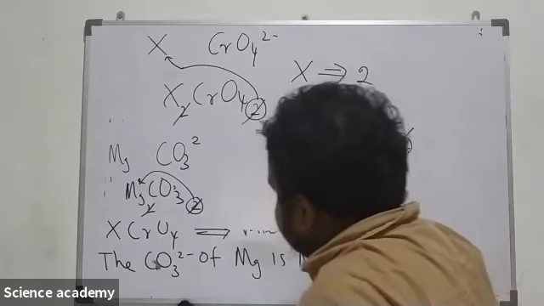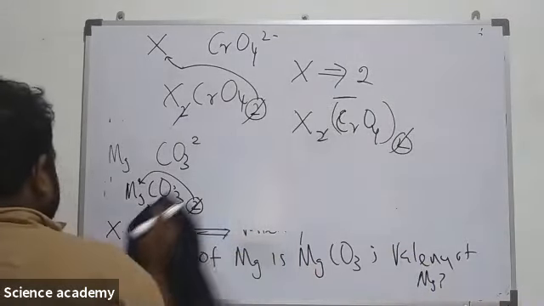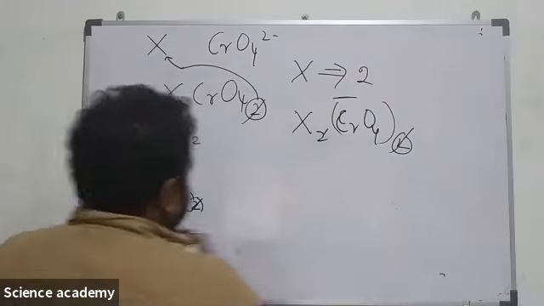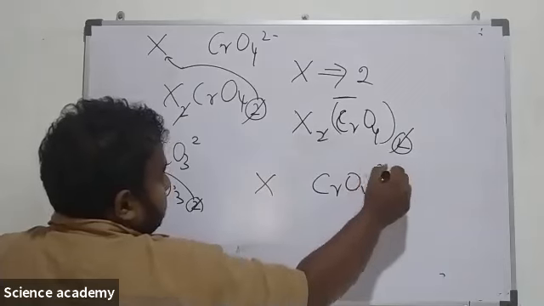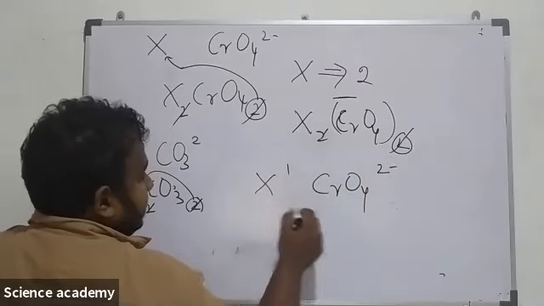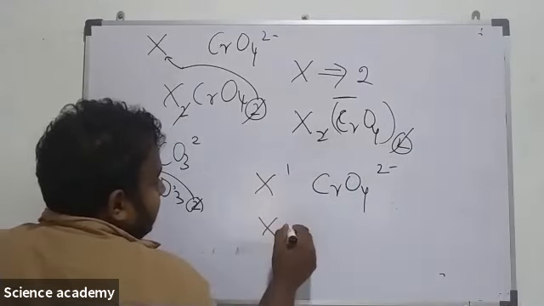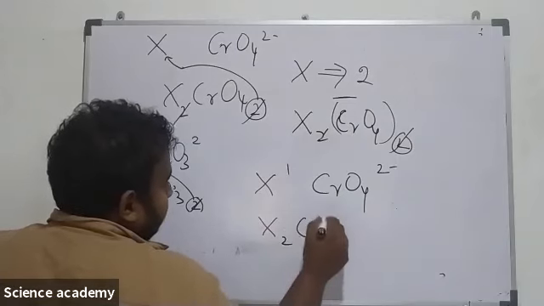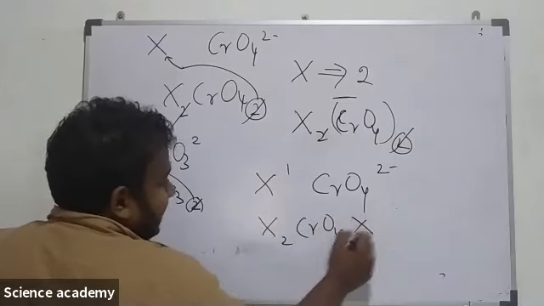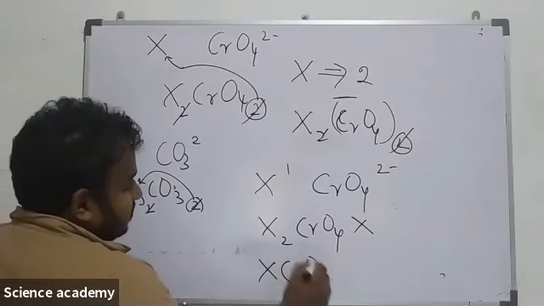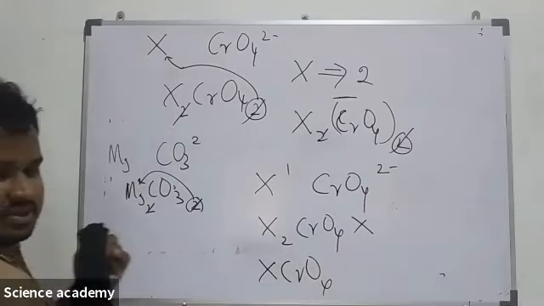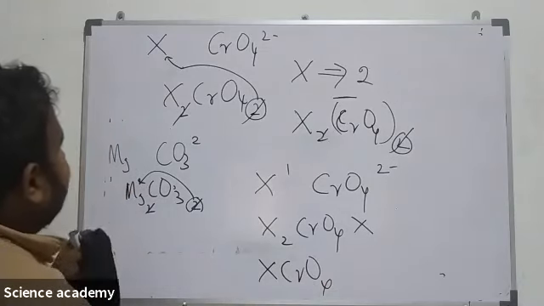Let's say the valence of X is 1, and someone argues that with X valency 1 and the ion being 2 minus, the formula should have been X2CrO4. But it's not like that. The formula is XCrO4. So the valency of X.